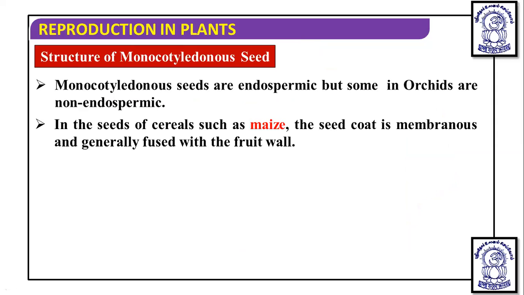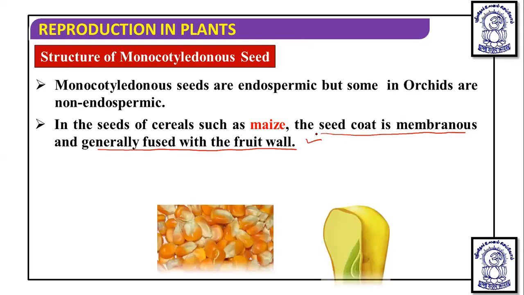One important feature: in maize, whatever we eat is not only a seed, it has a fused pericarp or fruit wall as well. This is one of the important points that you should remember.